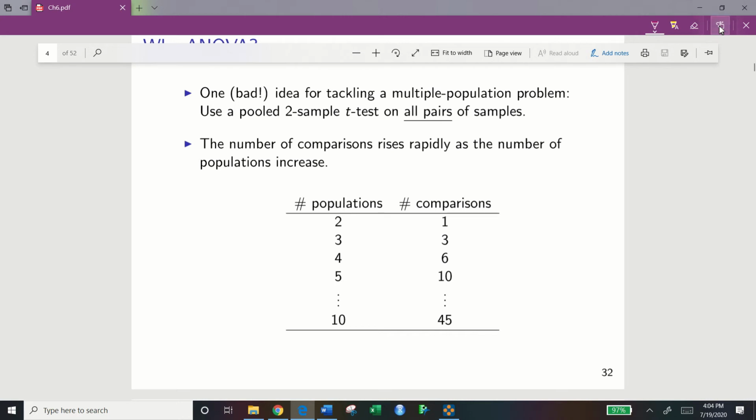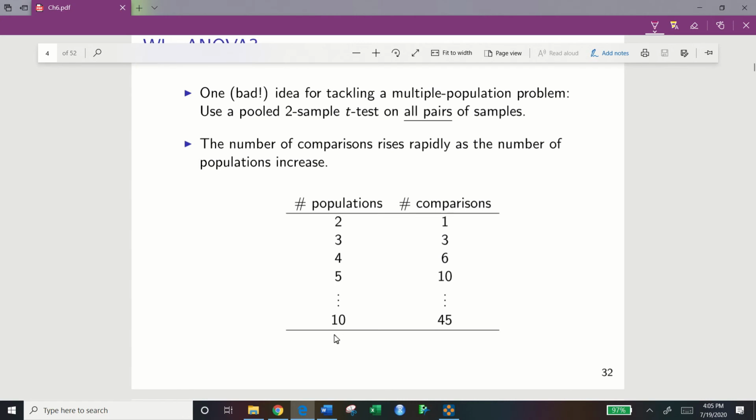Well, one issue is that the number of comparisons rises rapidly as the number of populations increases. If we have two populations, that's only one comparison. If we have three populations, that becomes three comparisons. But when we have 10 populations, we have to do 45 comparisons. That's a lot.